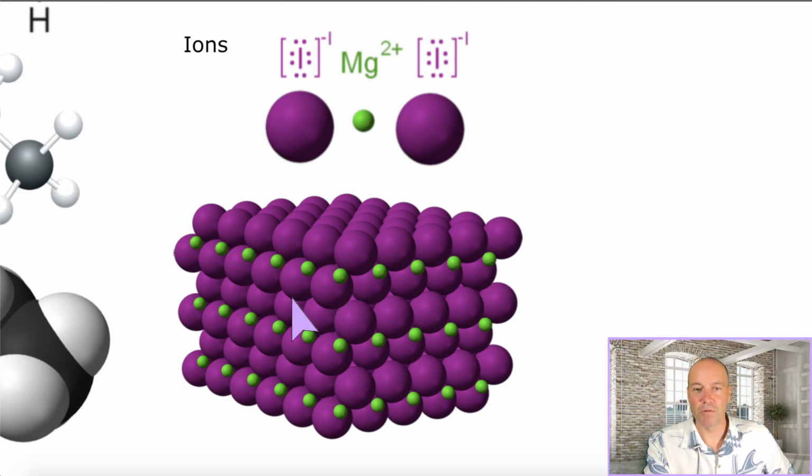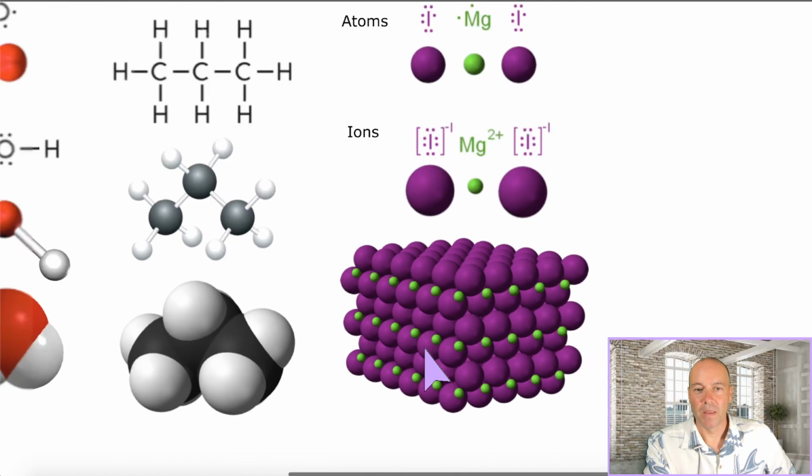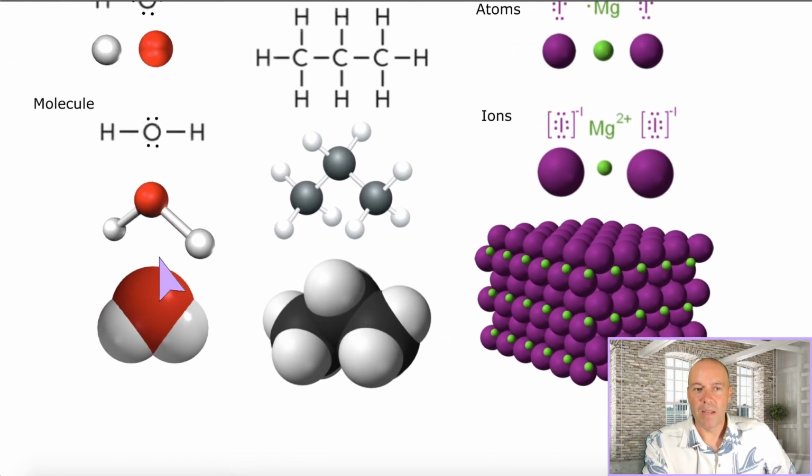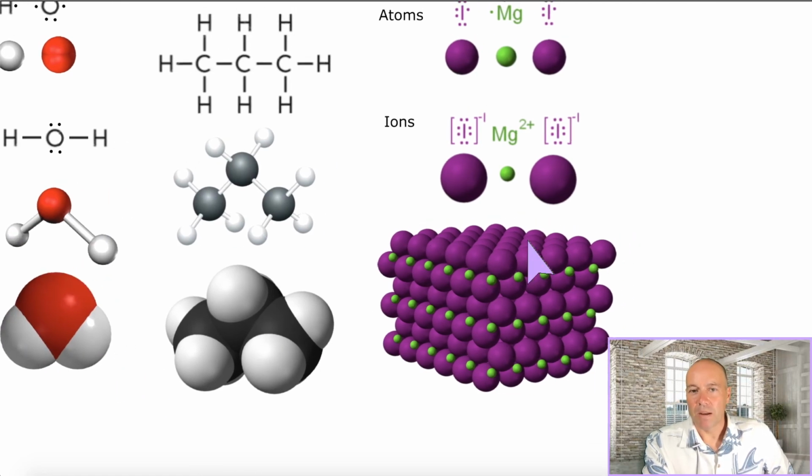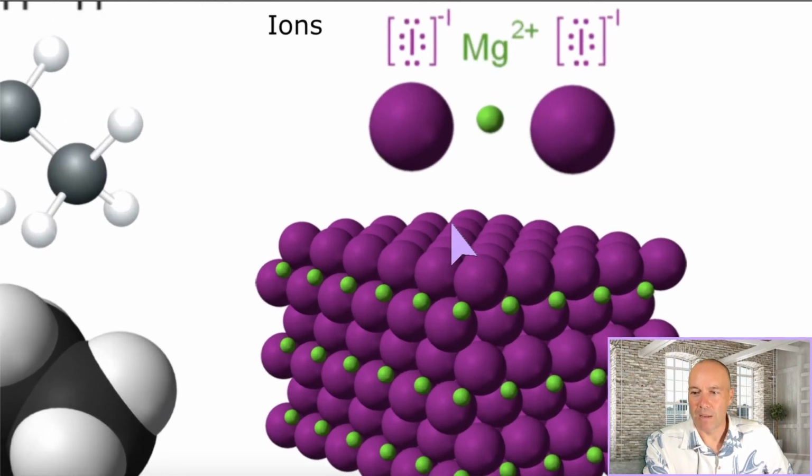Ionic compounds are usually solids, and their structures are quite beautiful. You see, covalent compounds are made of molecules. So this is a water molecule. It would be incorrect to say that there are molecules in here. You cannot say this Mg and I2, that's a molecule and that's another one and that's another one.